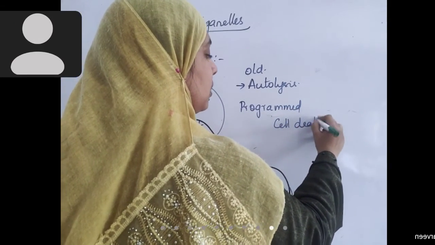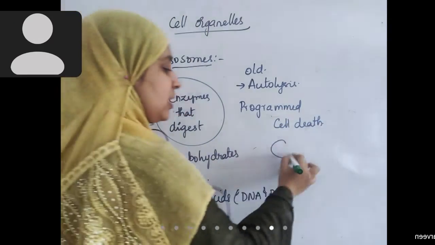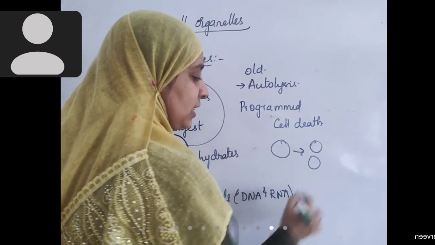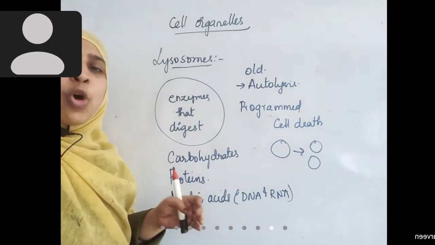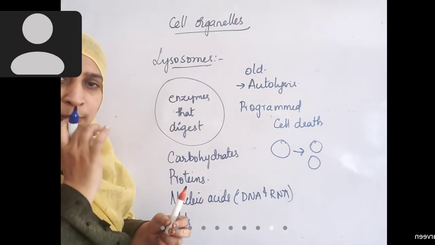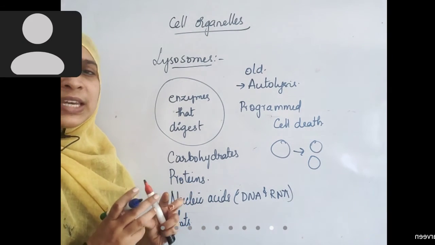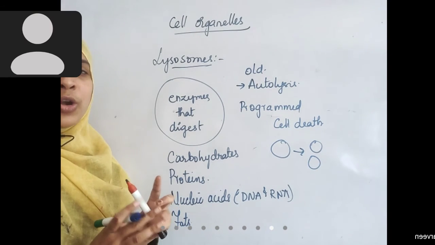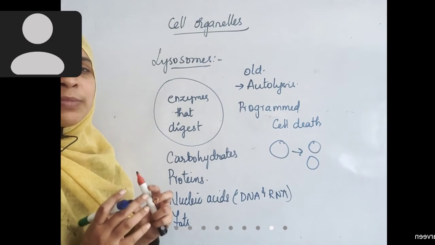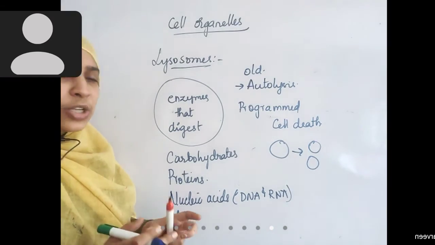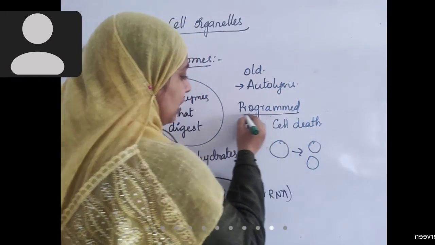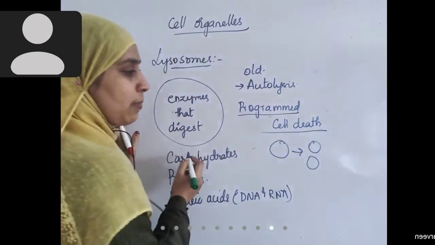So when one cell is producing another new cell during cell division, the cell monitors very closely. There are certain proteins inside the cell which help it to monitor closely if there is any defect in it or not. The moment it finds some defect or some cancerous growth, immediately the cell will prepare itself for programmed cell death.